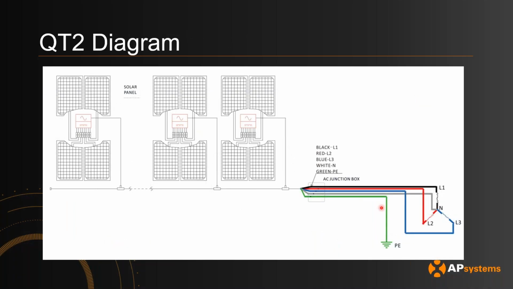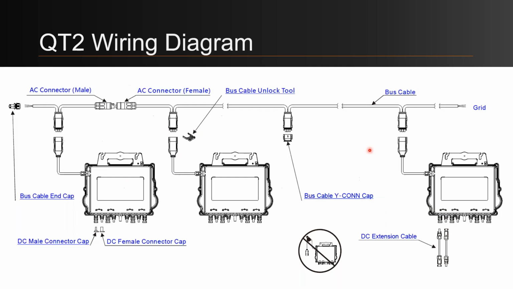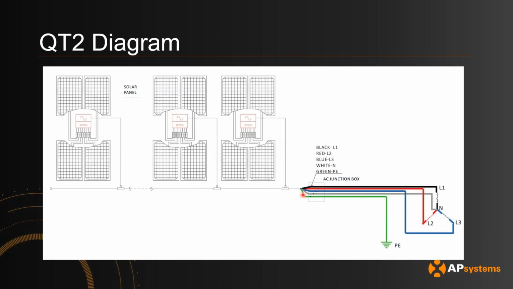Once again, from a wiring perspective, this is how it works. I realized that this diagram is not up to date. It should be 5 pins as opposed to 3 pins. From a wiring perspective, the wires are L1, L2, L3, and in the trunk cable, we have neutral and ground.